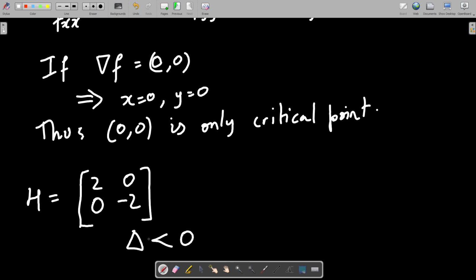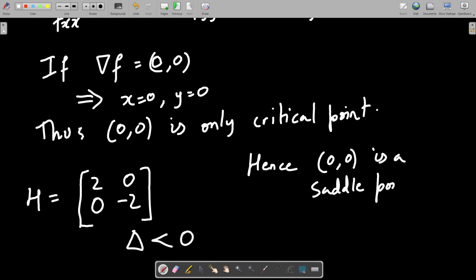Okay, the second order determinant is negative, and hence (0, 0) is a saddle point.